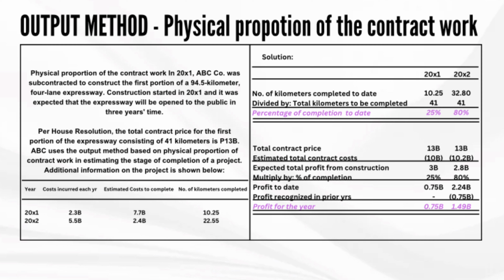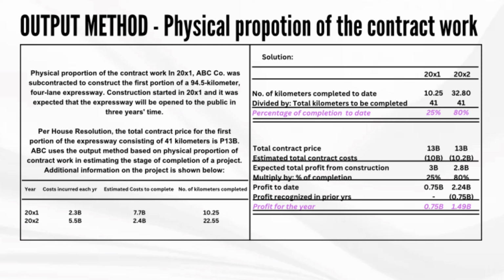The next illustration is the physical proportion of the contract work. In 20X1, ABC Company was subcontracted to construct the first portion of a 94.5 kilometer 4-lane expressway. Construction started in 20X1 and it was expected that the expressway will be open to the public in 3 years' time.